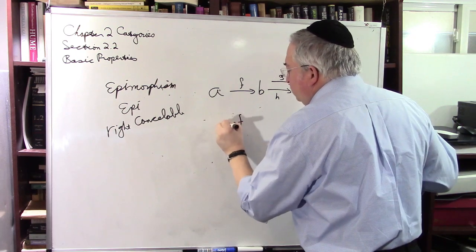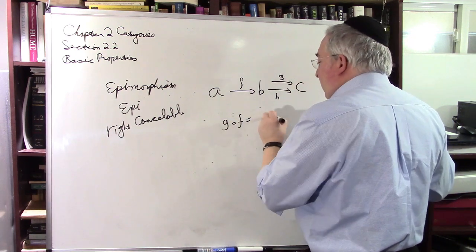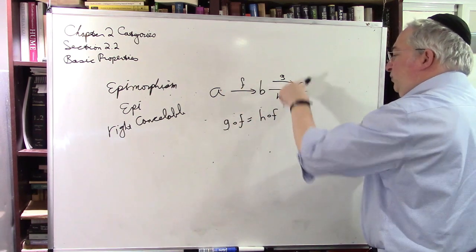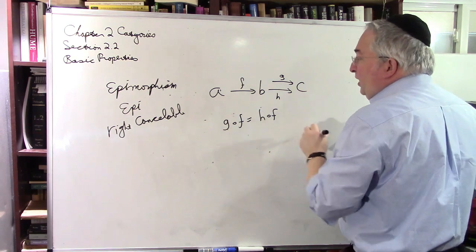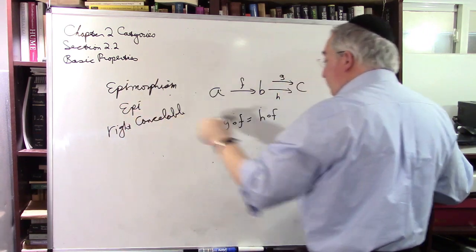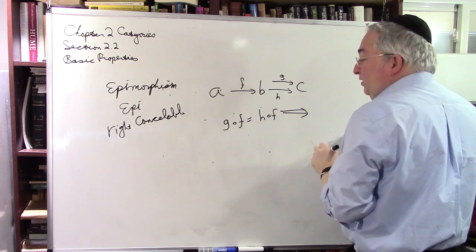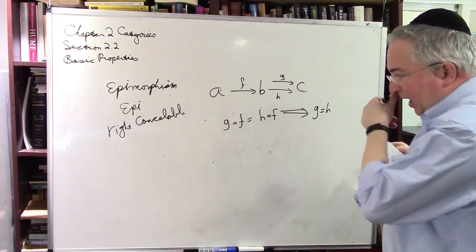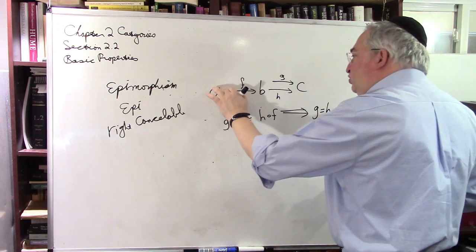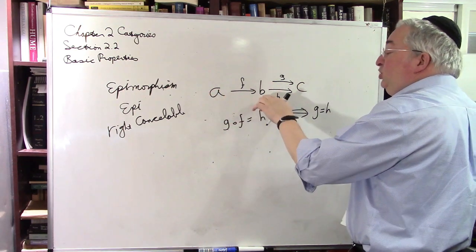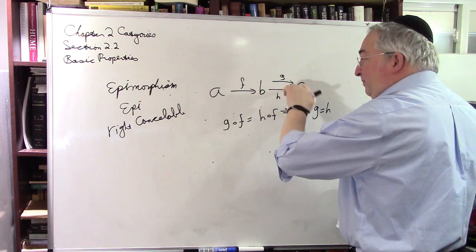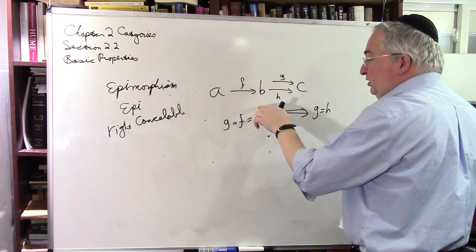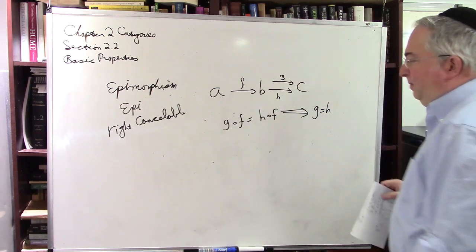If G compose F is equal to H compose F, so now we do F first, and then we get these two things. Well, if it's an epimorphism, if it's right cancelable, then, okay, you ready? G equals H. So F has the following property. Any two maps coming out of its codomain, if the compositions are equal, then it must be that the two maps are exactly one map.